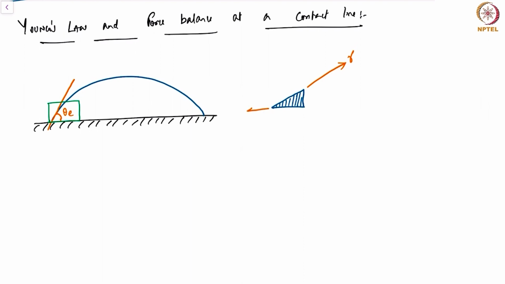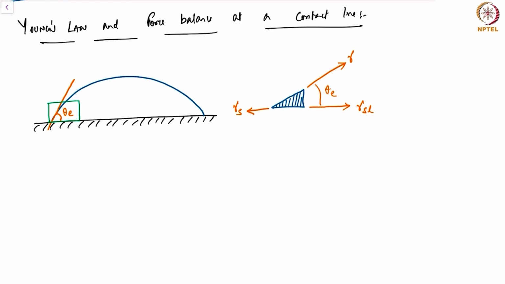Then we have the solid gas surface tension, which is gamma S. And finally, we have the solid liquid surface tension, which is gamma SL. Please note these arrows are not to scale. I'm just trying to show the directions. The angle that we have here is my angle theta E.